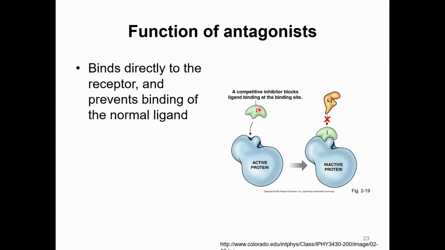So here is this antagonist. We could also call it a competitive inhibitor. And here's the site on the protein. Let's say it's a receptor. And when this inhibitor, this antagonist, binds that site, it occupies it, and it prevents the binding of an endogenous ligand.